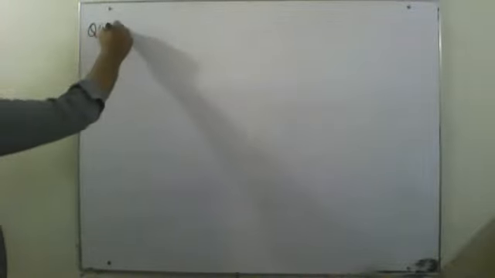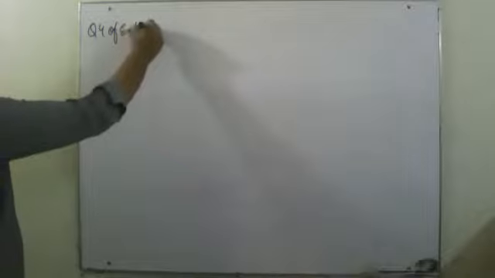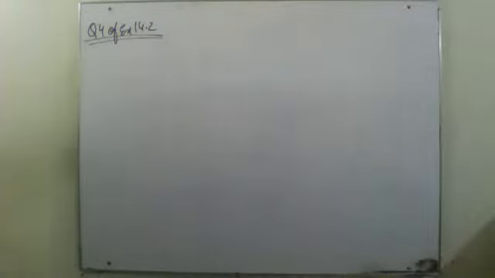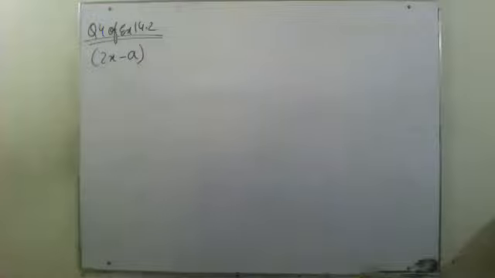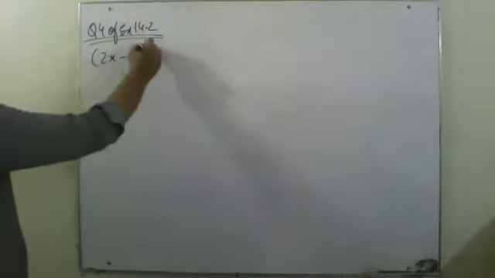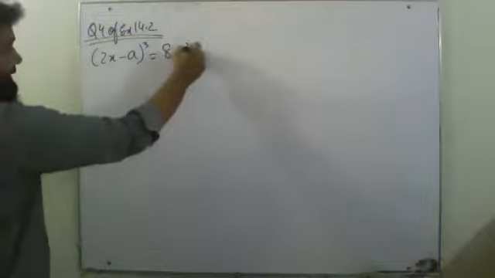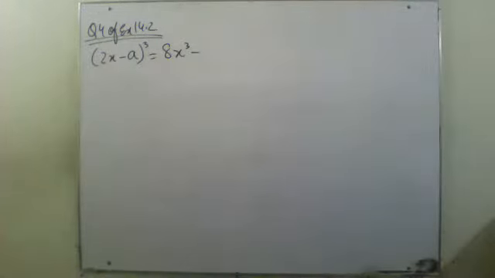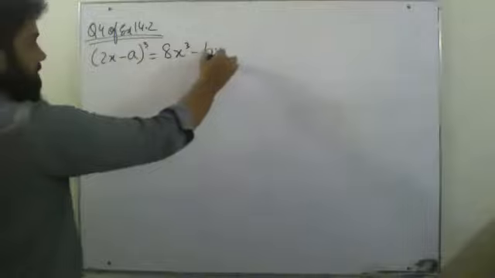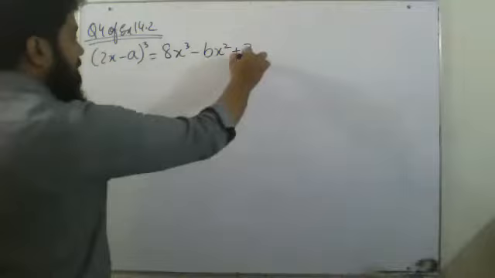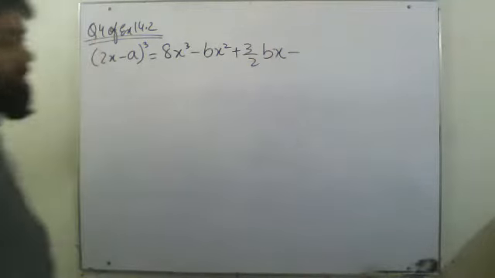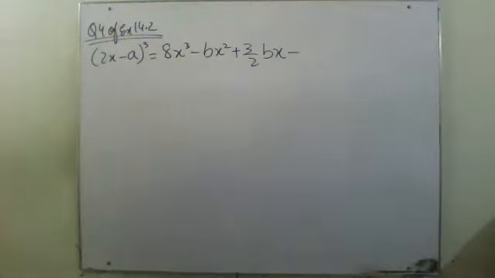Now, question number 4 of exercise 14.2. They are giving us (2x minus a) whole cube equals 8x cube minus bx square plus 3 over 2 bx minus a cube.